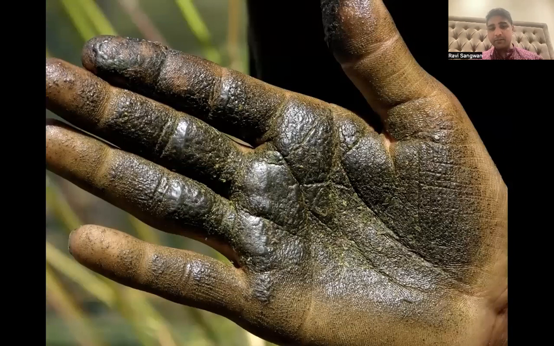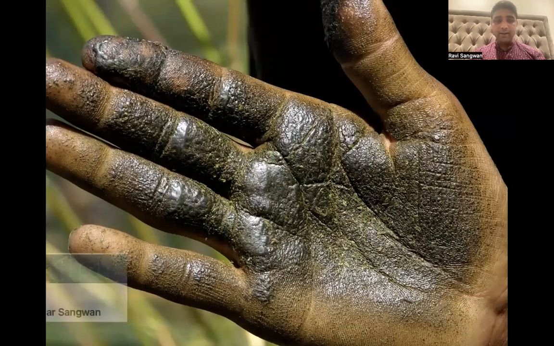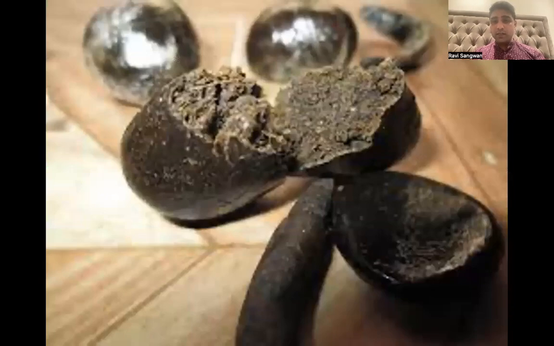Then they scrub their hands on the leaf part, and you can see they are extracting charas from the plant directly. So from there, they easily extract this layer from the plant.